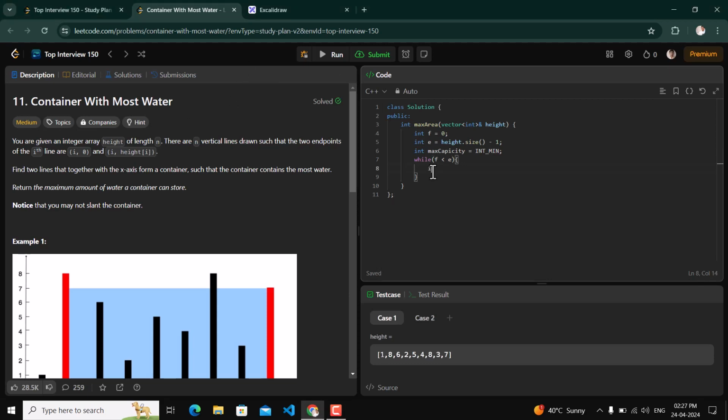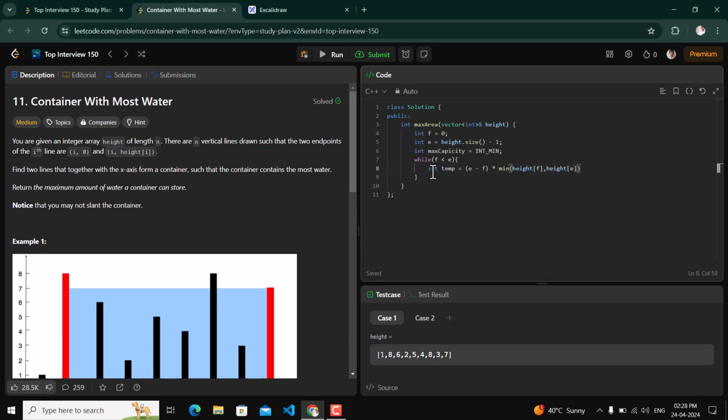So we will calculate the current water capacity between these two. What will be our horizontal breadth? That will be end minus front, sorry, multiplied with the minimum of height of front, comma, height of end.